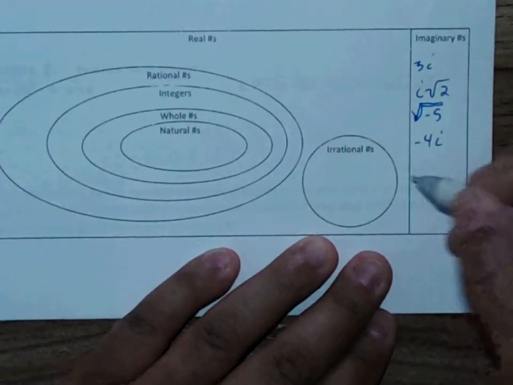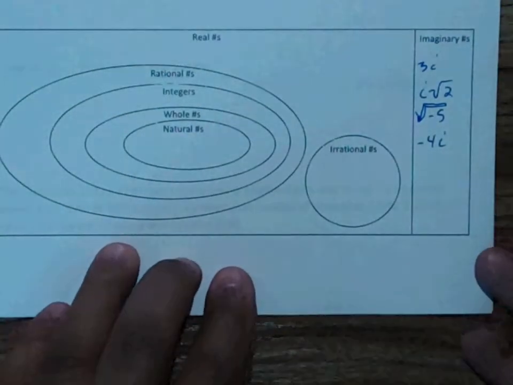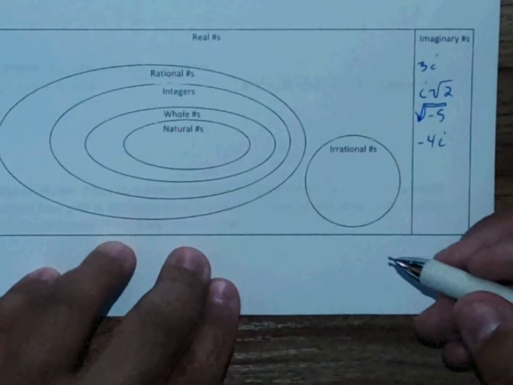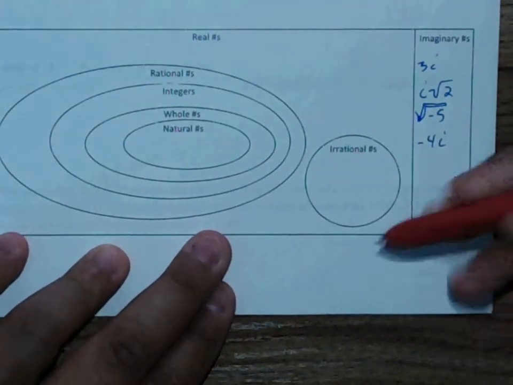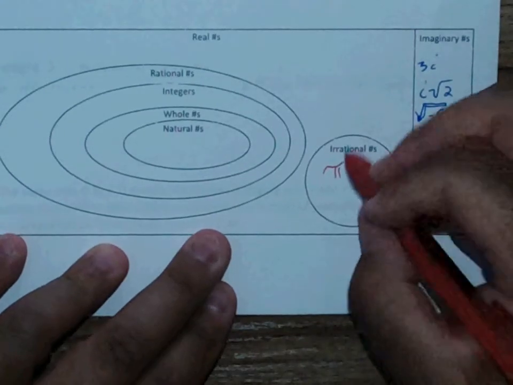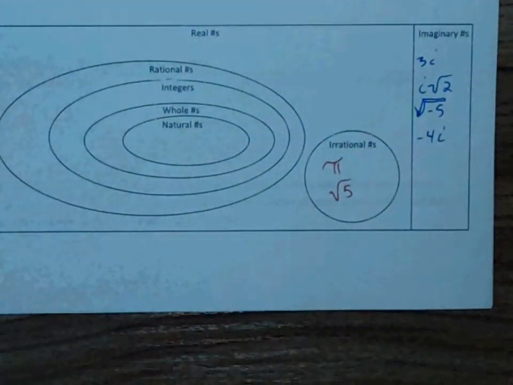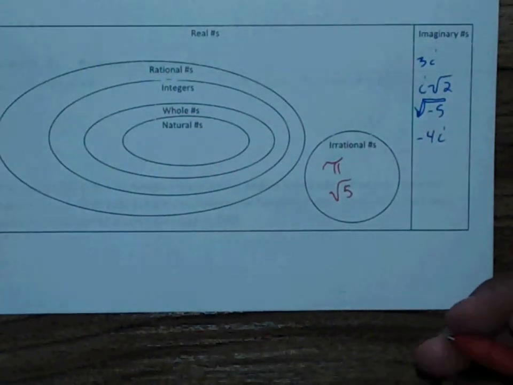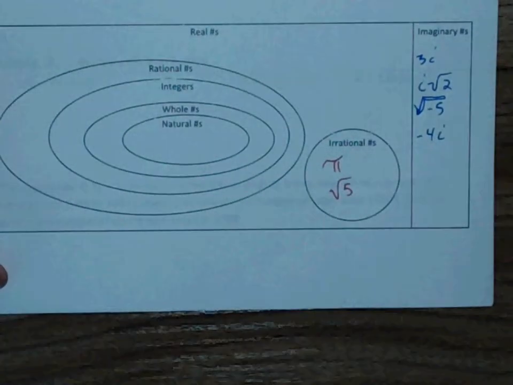All of these are examples of imaginary numbers where you are trying to take a square root of a negative number. Irrational numbers, the best examples that we can give would be pi, or let's say the square root of 5, because when you take the square root of 5, it's a number that does not terminate, nor does it repeat.